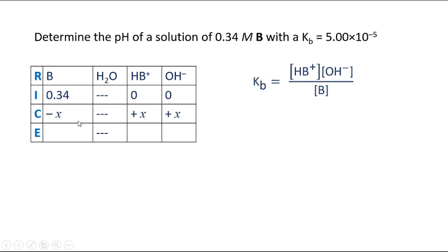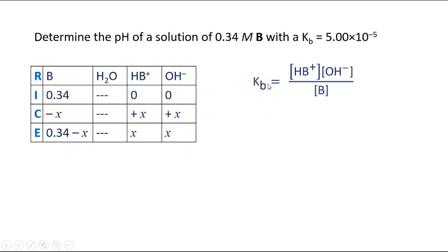We can represent this by minus 1x for your B and plus 1x and plus 1x for your HB plus and your OH minus. At equilibrium, your base is going to be 0.34 minus x, and your equilibrium concentrations of HB plus and OH minus are both going to be x.